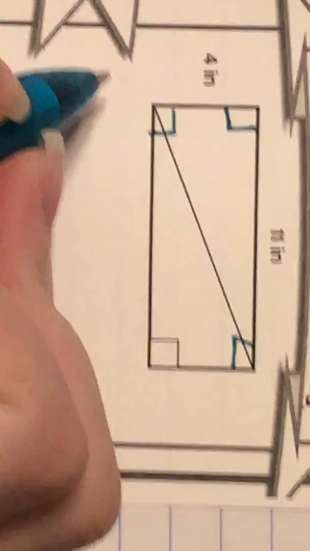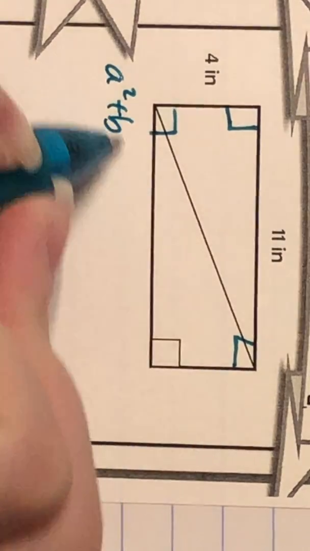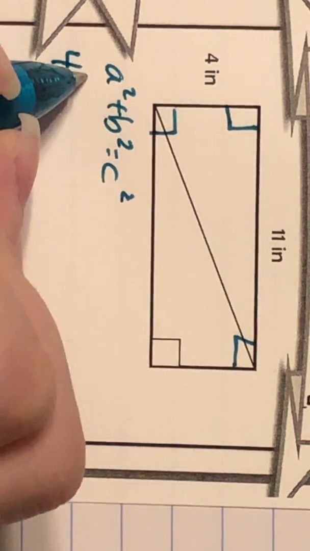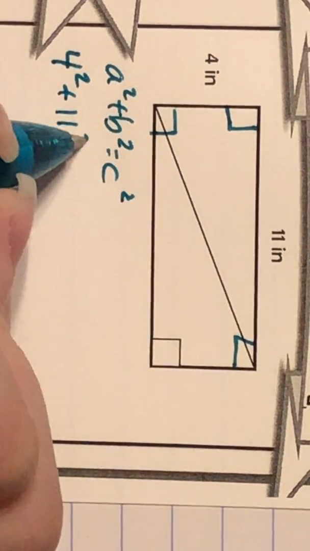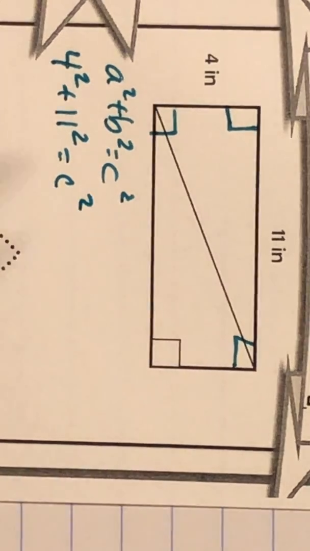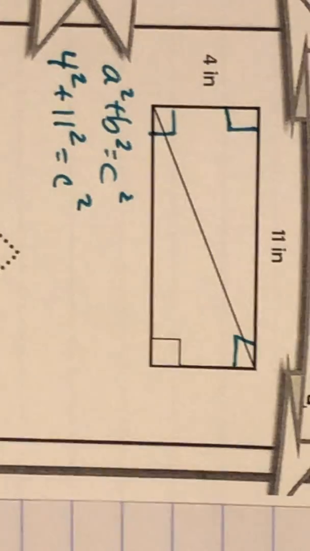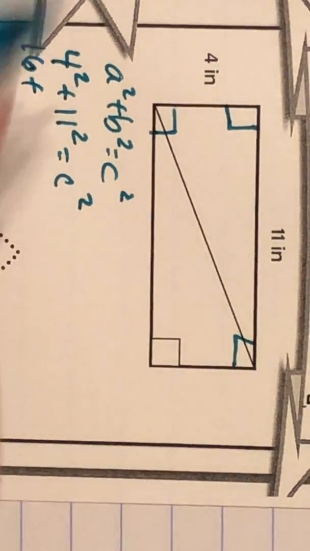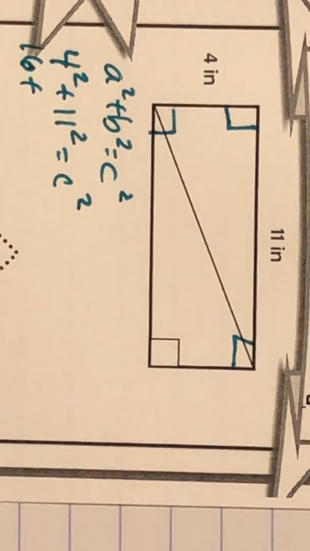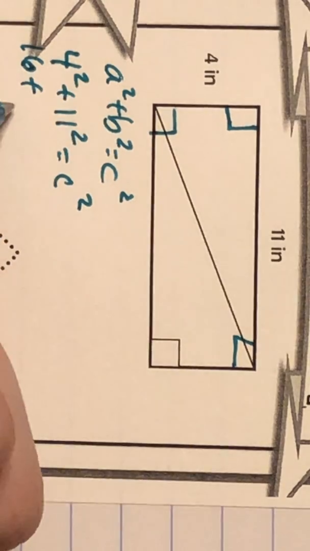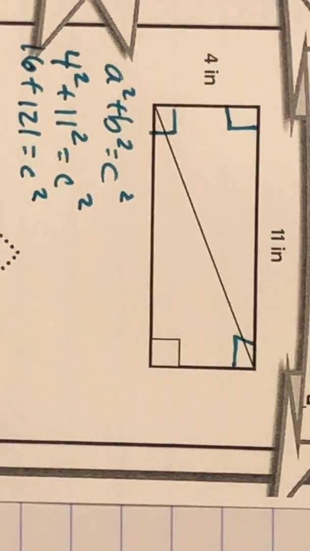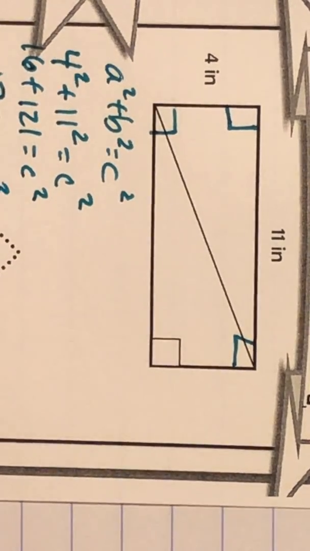So my formula, a squared plus b squared equals c squared. I'm going to substitute 4 for A, 11 for B, and I'm going to leave C there. Okay, now I can simplify. 4 squared is 16. 11 squared is 121. That equals c squared. This then gives me 137 equals c squared.